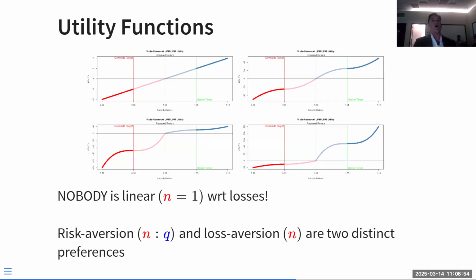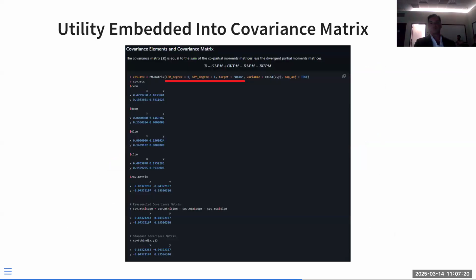So we expanded works on two-piece utility functions from Fishburn and Kochenberger. This is in the literature going back to 1981, 82. So with these parameters and these shifting targets, we can fit any known utility function in the literature and then match this function to your individual preferences.